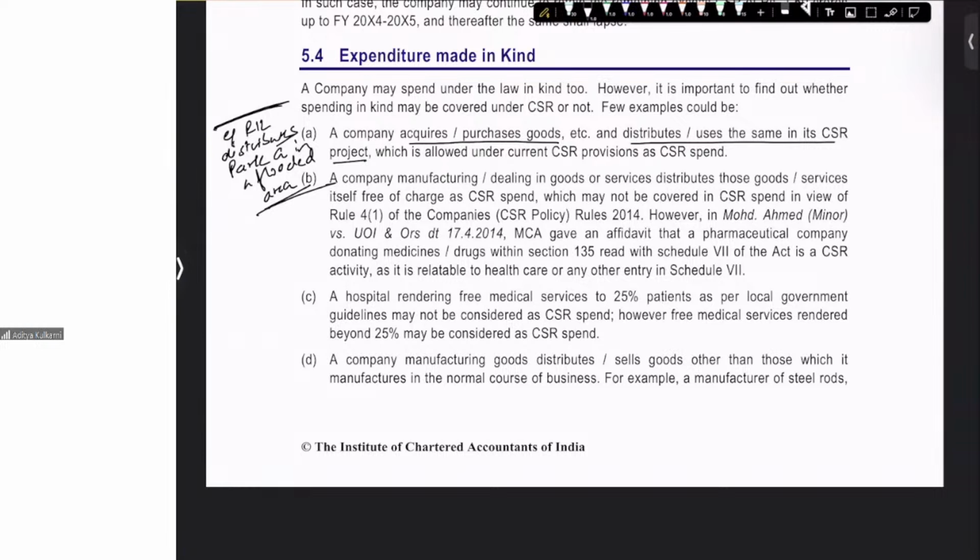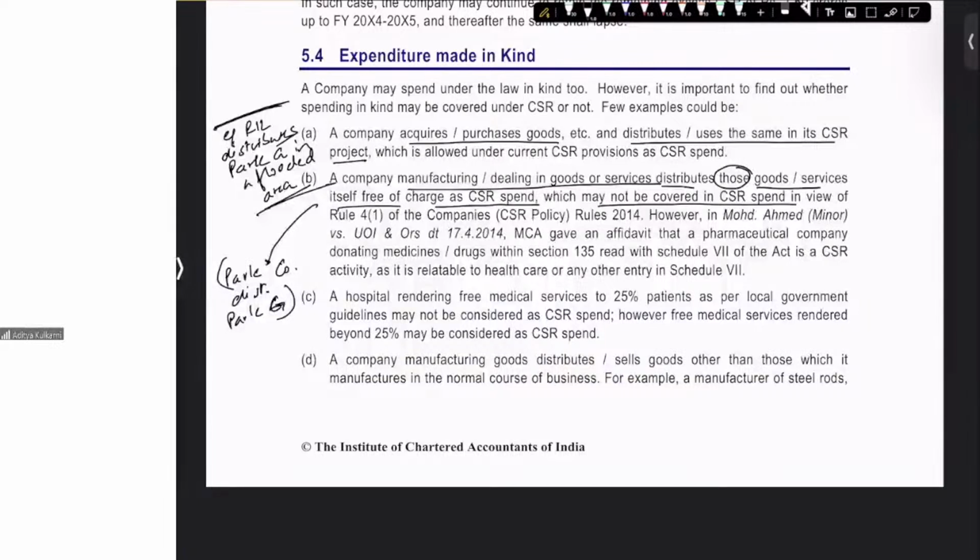A company manufacturing or dealing in goods or services distributes those goods or services itself free of charge as CSR spends, may not be covered in CSR spend. So Parle company distributes Parle-G to the flooded area. Is this going to be a CSR spend?